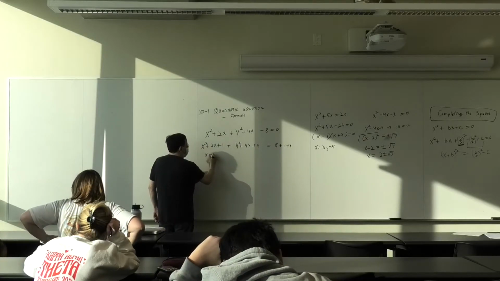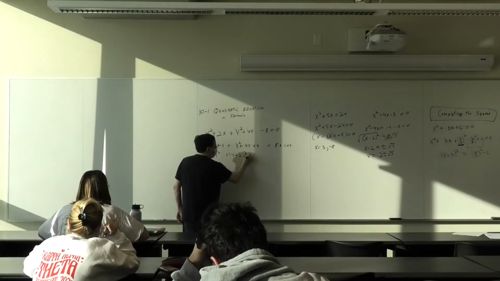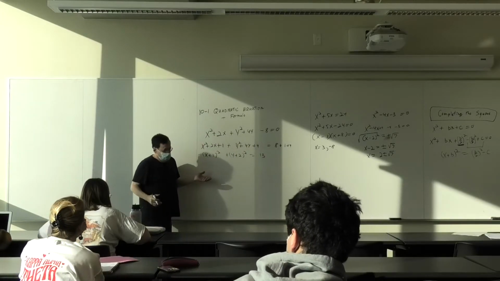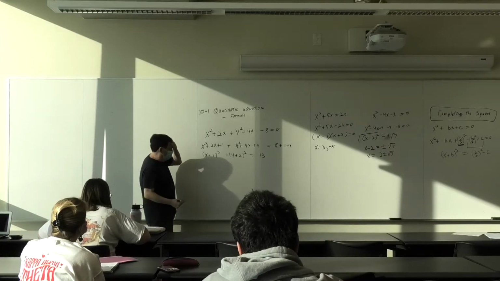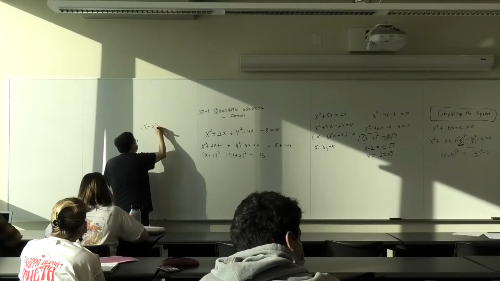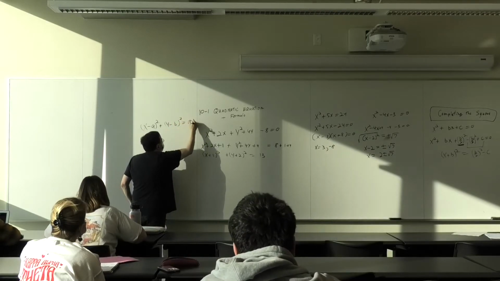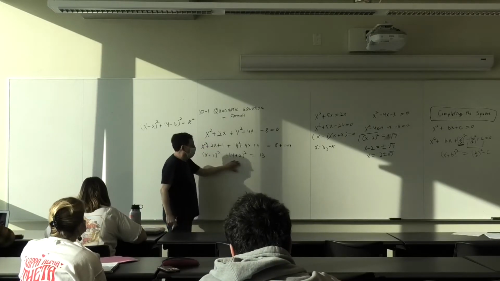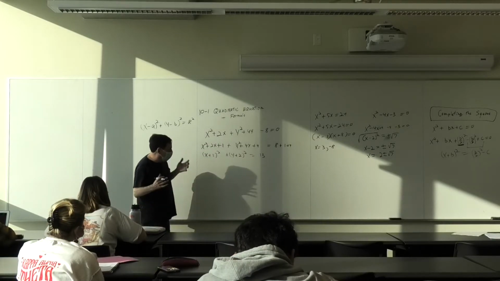And now we have x plus 1 squared plus y plus 2 squared equals 13. And now, if we were in that class, you'd recognize this. You'd go, I know what that is, because I know that the equation of the circle is x minus a squared plus y minus b squared equals r squared. So this is the equation of the circle that's kind of offset from the origin with radius square root of 13.